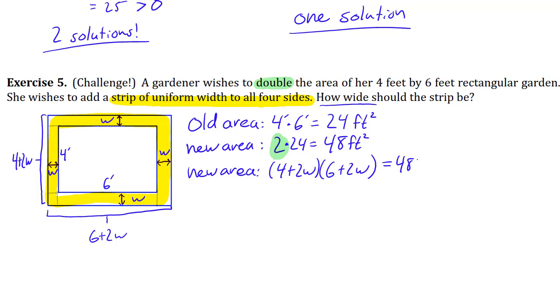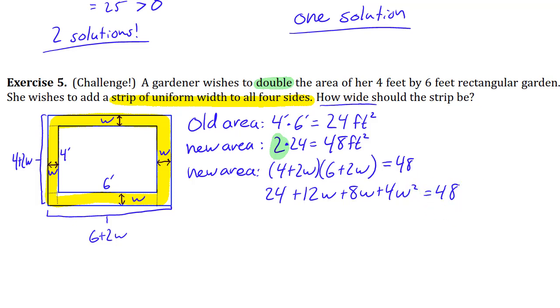Let's FOIL this out. 4 times 6 is 24. 2W times 6 is 12W. 2W times 4 is plus 8W. 2W times 2W is plus 4W squared. And that should be equal to 48.